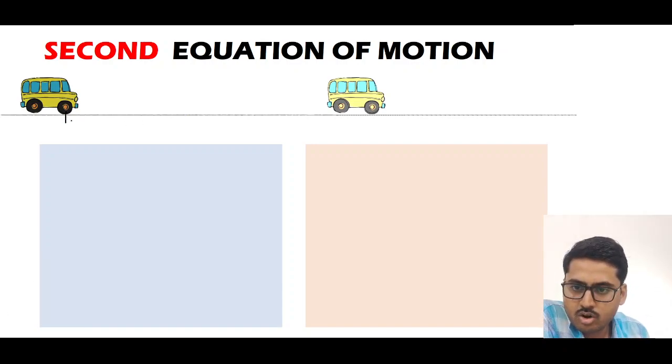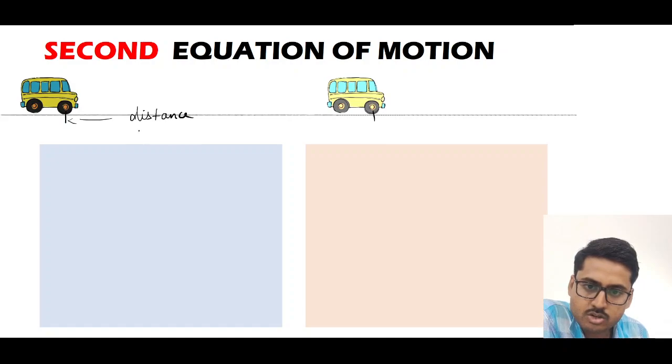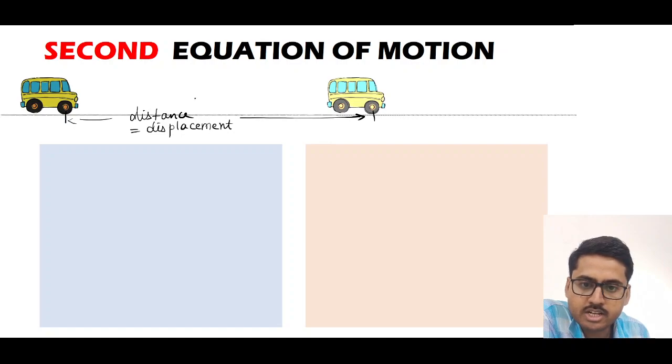Let's say the object, the car, goes from here to here. In this case, as you can see, distance and displacement are the same, because the object is moving in a straight line and is not even changing direction. We are representing it as S.